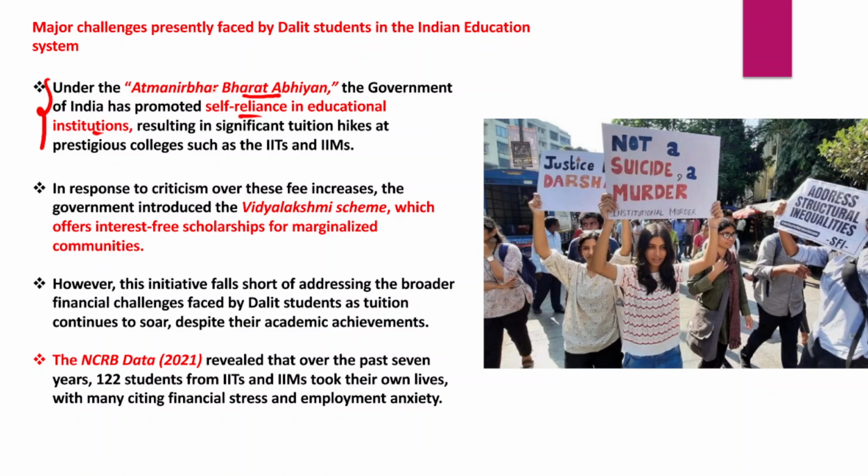Self-reliance in higher educational institutions has meant that these IITs and IIMs substantially increased tuition fees, right? They have substantially increased tuition fees after the call for self-reliance of educational institutions.